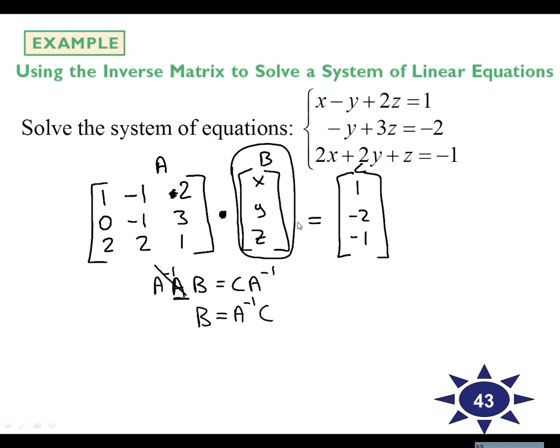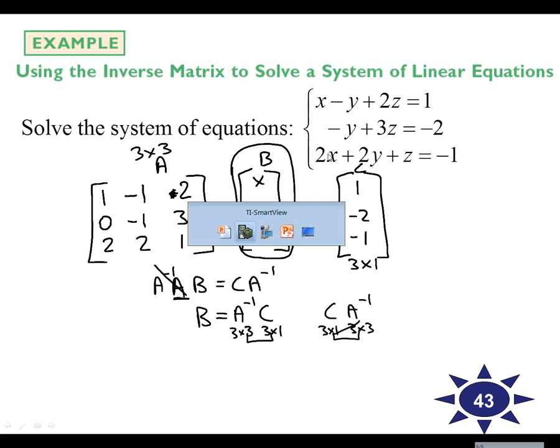The reason it goes in front is because of rows times columns. Remember, this is a 3x3, and this is a 3x1. We have to have the inside dimensions matching up. If we did C times the inverse of A, we would have a 3x1 times a 3x3. Oops, couldn't do it. So make sure you do the inverse times the C. Let's go ahead and grab our graphing calculator and plug these things in here.